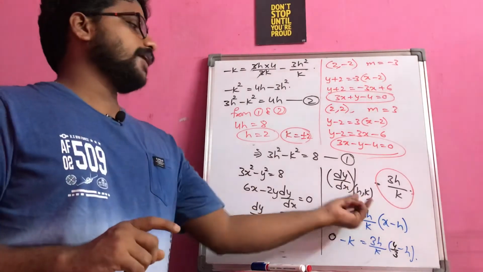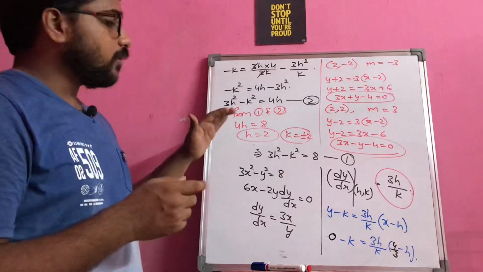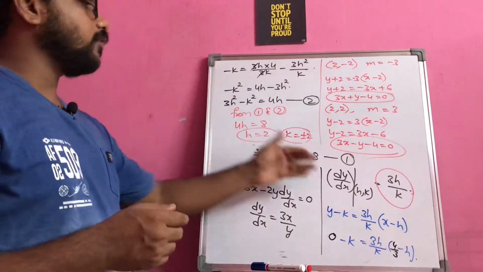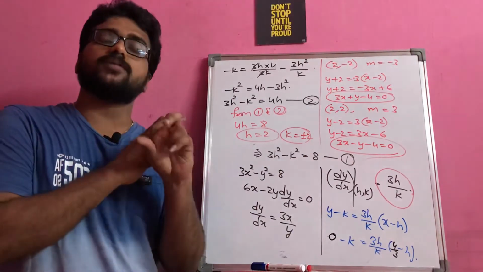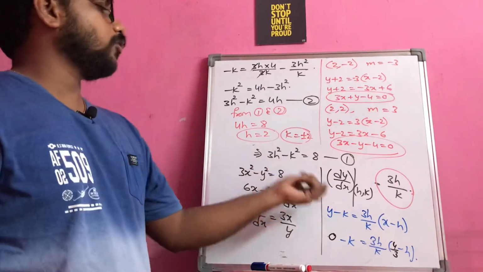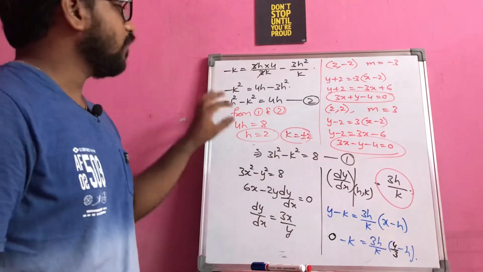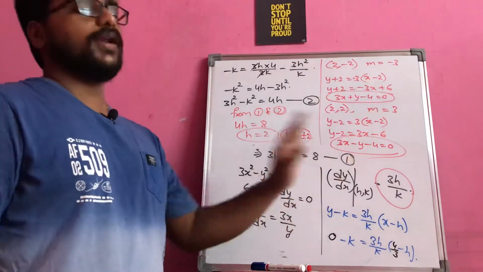That's why I had taken h comma k as the point. Next, I brought the conditions according to the h comma k point. And the second condition I am using is that the tangent is passing through 4 by 3 comma 0. That's why I substituted 4 by 3 comma 0 here, and accordingly I am getting one more condition. Once I get h and k, I am getting the required equation.